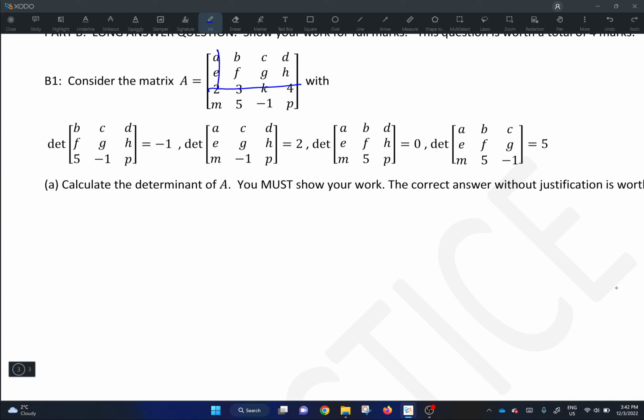Eliminate this and this, like that. Row 3, column 1. Sorry about that. So this question is basically asking us to calculate the determinant using a cofactor expansion. We must use cofactor expansion. We can't use row reduction or any other method like that.